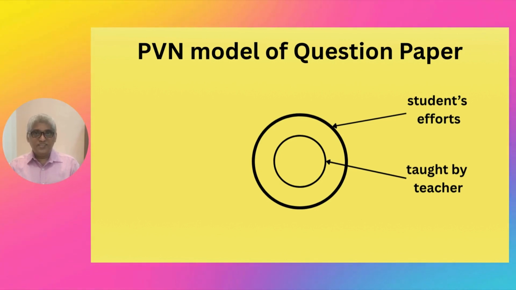Means more exercises, some more reading, or making practice, or finding some other references, or solving previous question papers, etc. So that his knowledge domain now increases, it becomes the bigger circle.